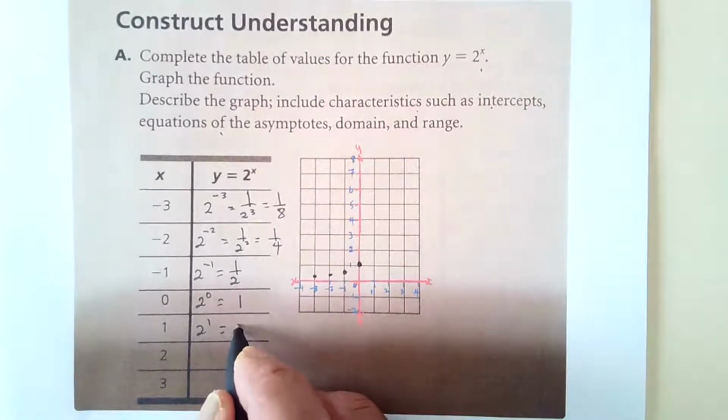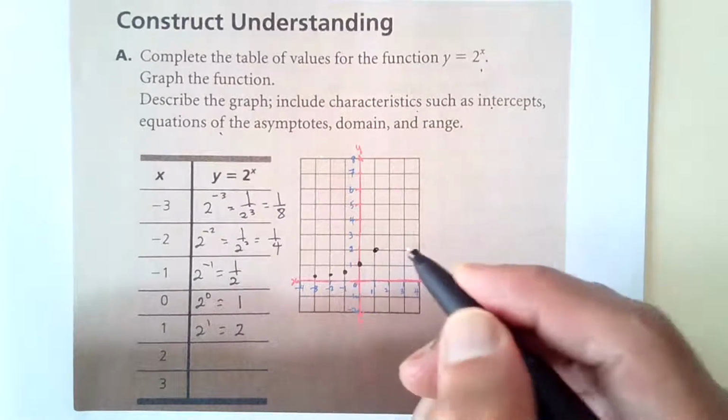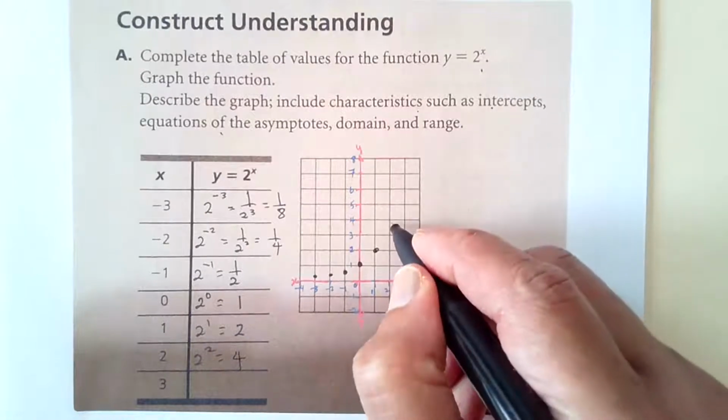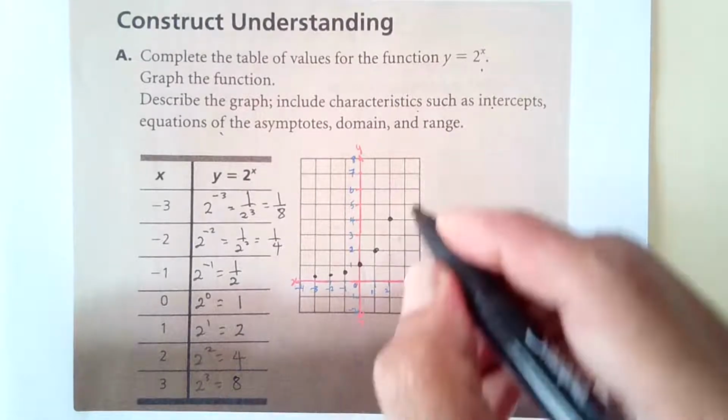To the power 1 is 2. 2 to the power 2 is 4. And 2 to the power 3 gives me 8.